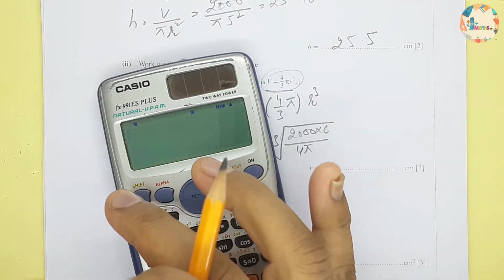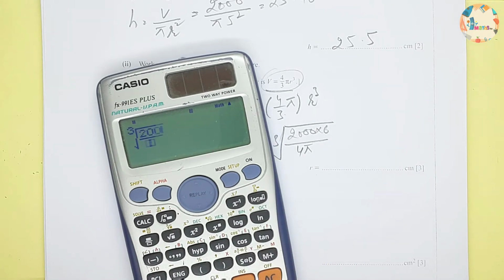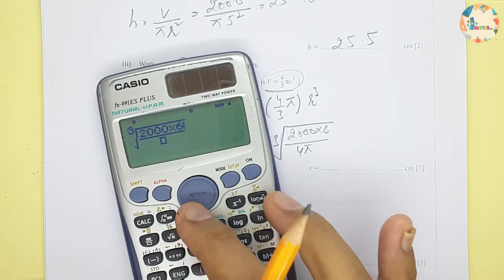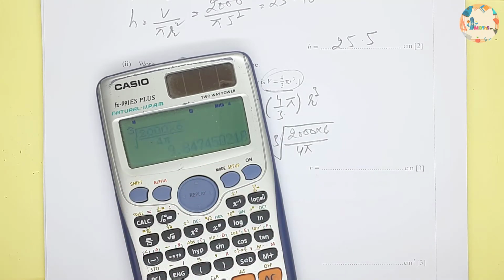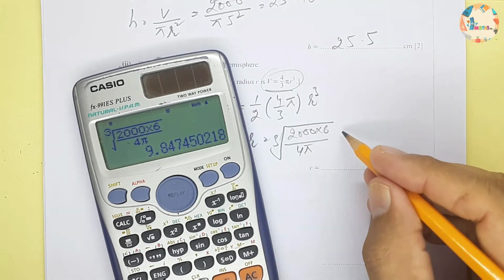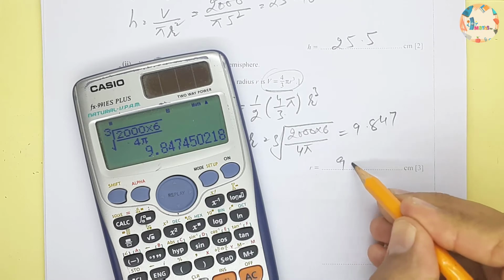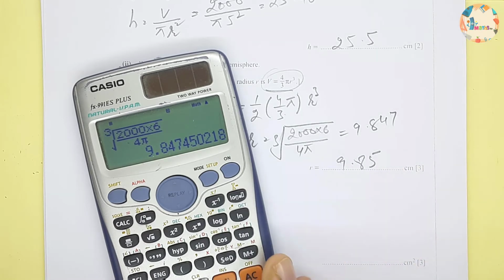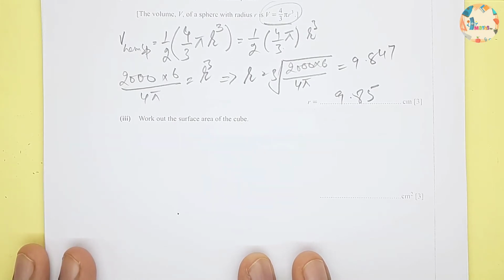This will give us 9.847, approximately 9.85.